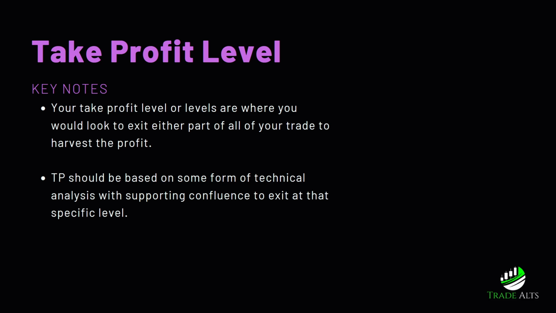So is there an SR level there? Is the VWAP there? Is there a golden pocket there? There needs to be something telling you, and not just some random place where you say, okay, I've made 2%, I'm going to take it out, or I've made 20%, I'm going to take it out. There has to be a technical reason for you to take profit there. So that's really what we want to focus on.